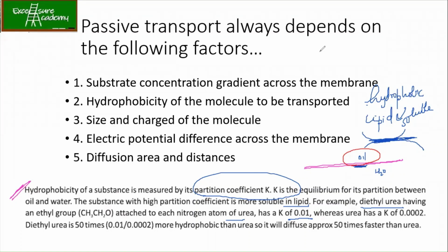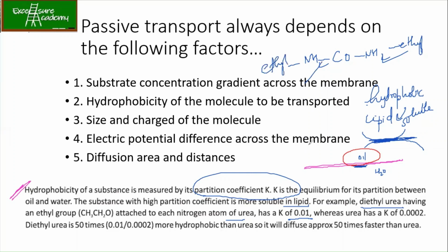The structure of urea, anyone? CO, यहाँ पे NH2 आ जाएगा और यहाँ पे NH2 आ जाएगा, ठीक है। अगर मुझे डाई इथाइल यूरिया करना है तो यहाँ पे एक H हटा के इथाइल ग्रुप आ जाएगा, ठीक है। यहाँ पे एक H हटा के इथाइल ग्रुप आ जाएगा, ओके। Now look at over here.